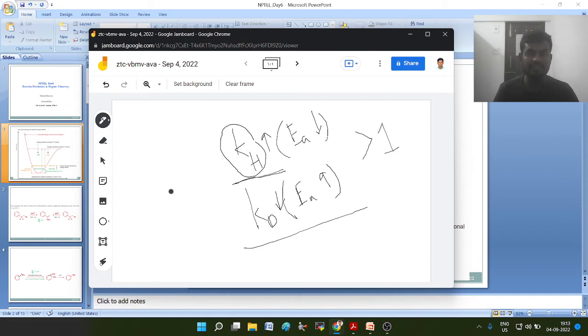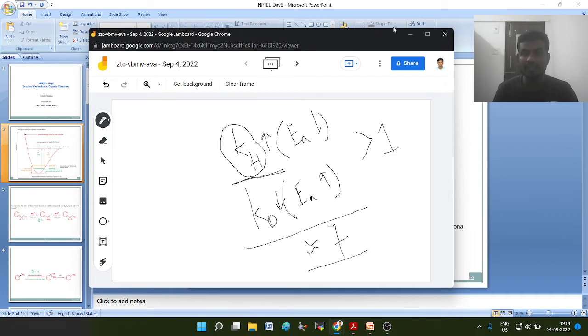The highest value of Kh by Kd is around 7. It is typically written that the maximum value of Kh by Kd is 7. You can see some examples where Kh by Kd is more than 7. There are high values also, but those are not the general case. There will be some tunneling and other things, which is not our discussion topic.